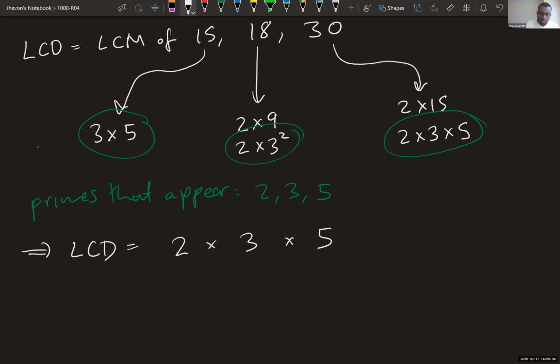So what's the power of 3 here? Well, it's a 1. The power of 5 is a 1. The power of 2 is a 1. The power of 3 here, you'll notice that's a 2. The power of 2 here is a 1.